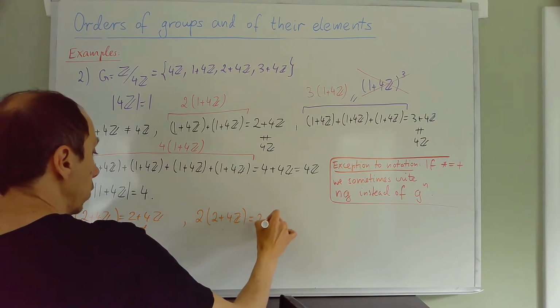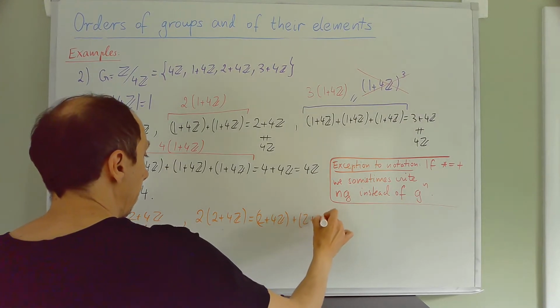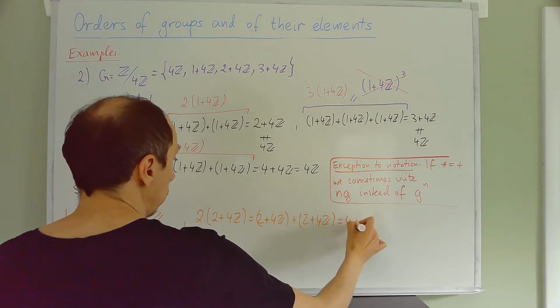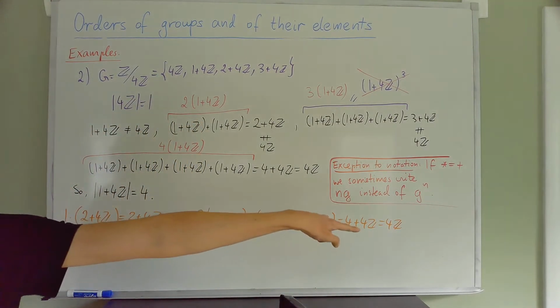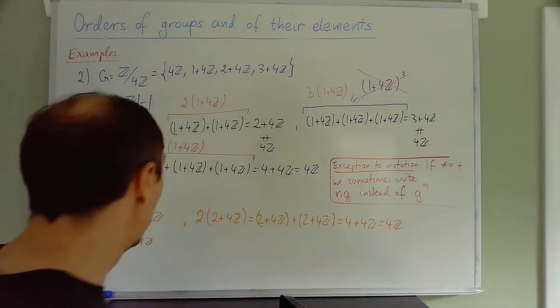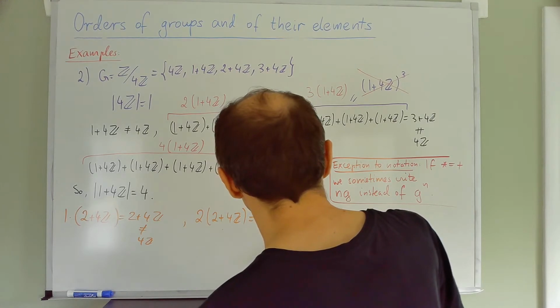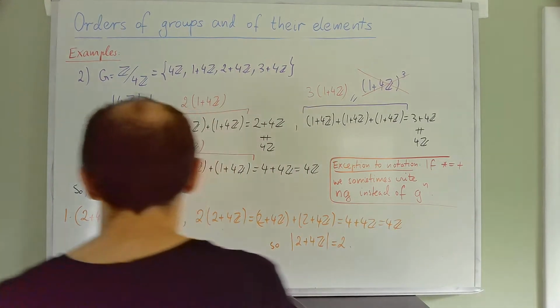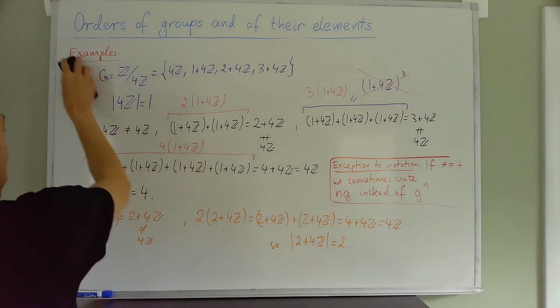So that's 2 plus 4Z plus 2 plus 4Z. This is 4 plus 4Z, so 4Z. Oh, so I did get the identity. And my power here in quotes is 2. So the order of 2 plus 4Z is 2. Let's do 3 plus 4Z.